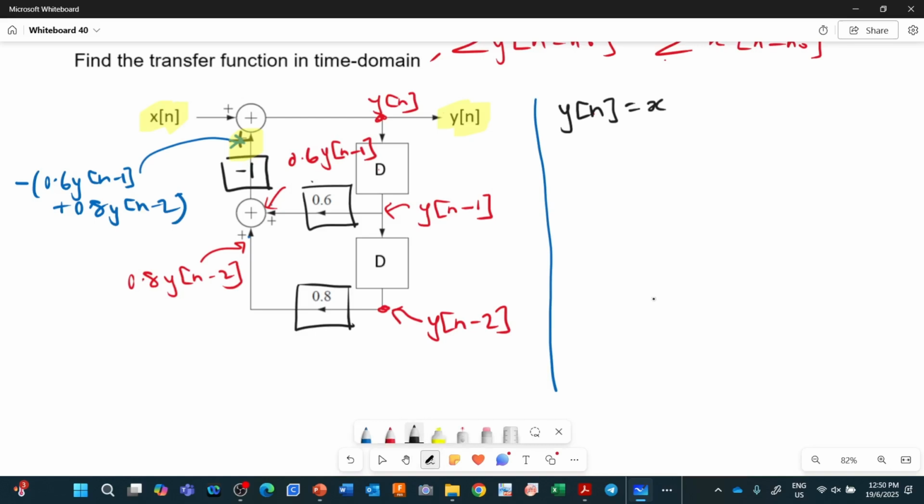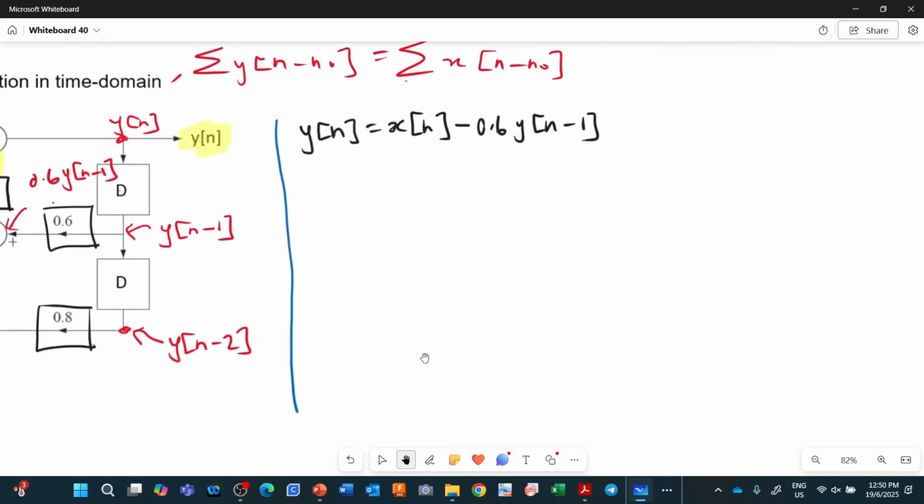So y[n] is equivalent to x[n] plus, but you have minus here, right? So directly minus 0.6 y[n-1], because minus, and so minus 0.8 y[n-2].